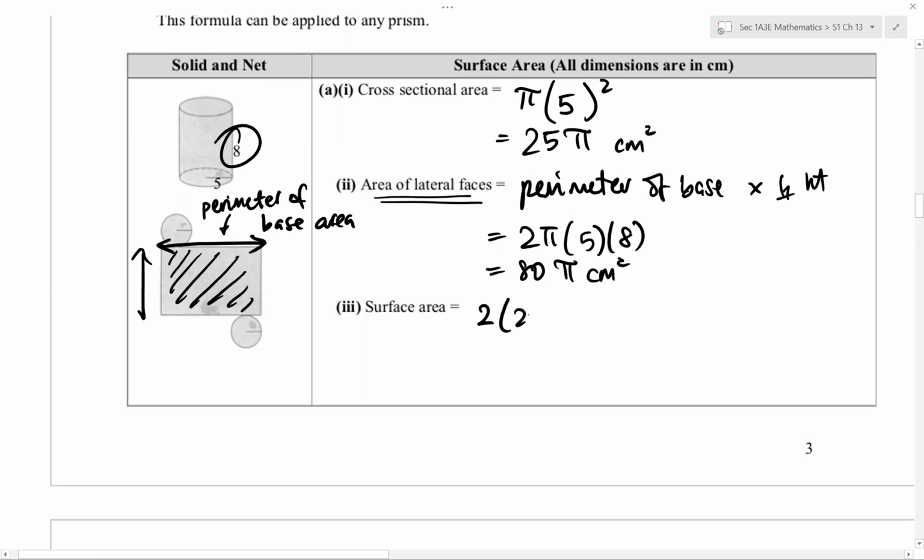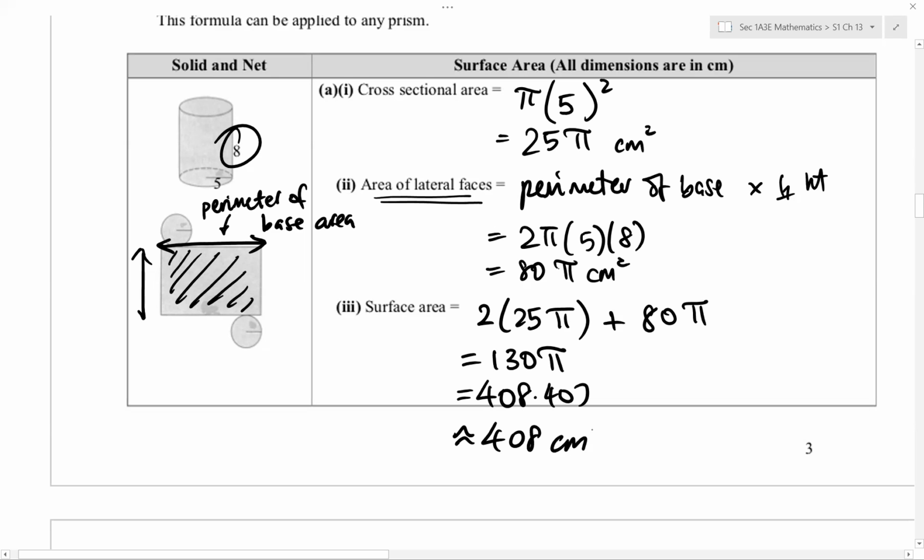So 2 times 25 pi plus the area of the lateral face. So we get a total of 130 pi square centimeters. Of course, since they didn't say leave it in pi, leave it to 3 SF. You get 408.407. Round it off, 408 square centimeters.